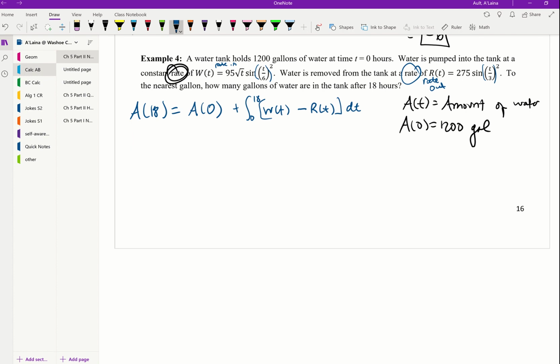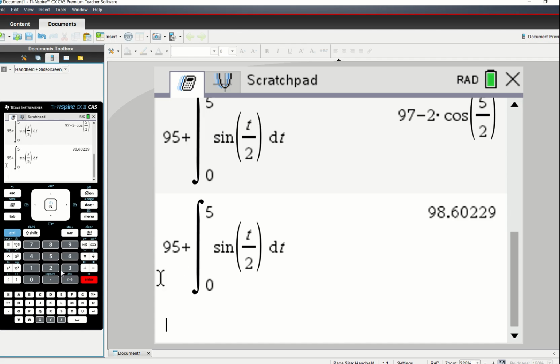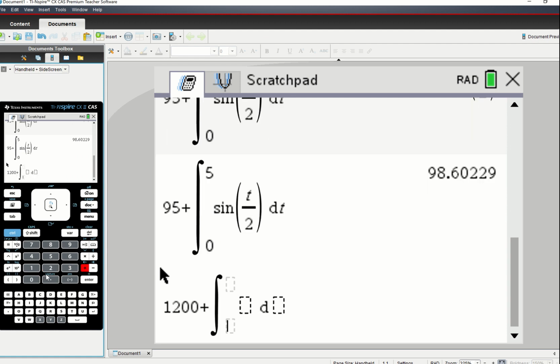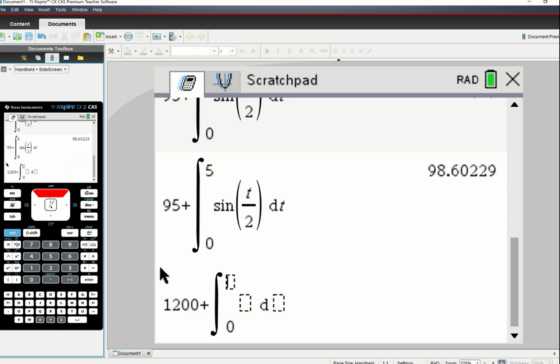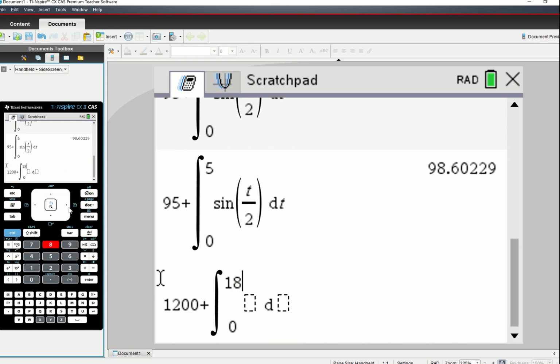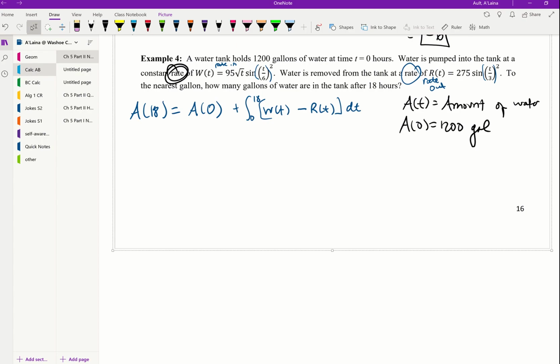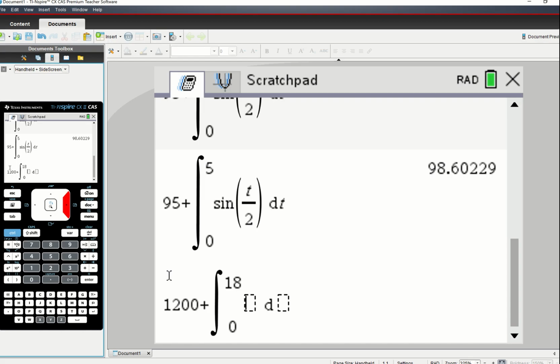And now I'm going to enter this into the calculator. A sub 0, again, is 1,200. I'm going to have to do some toggling back and forth because I don't have these in front of me. Plus the definite integral from 0 to 18. And then I need, this is hard to type, by the way, so you might want to watch this. W of t is 95 root t sine of t over 6 quantity squared.